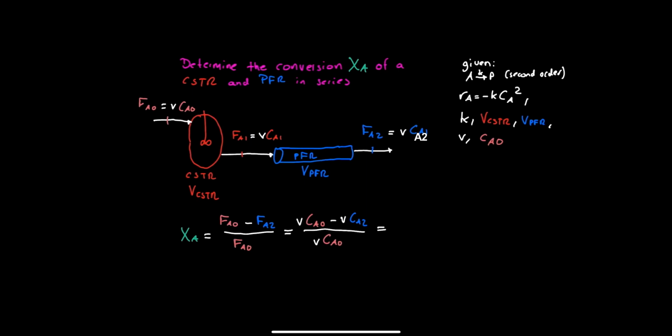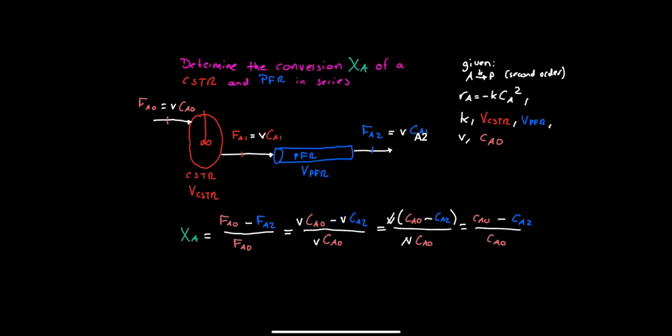So we can factor out the volumetric flow rate, and it cancels out, and this will be equal to Ca0 minus Ca2 divided by Ca0.